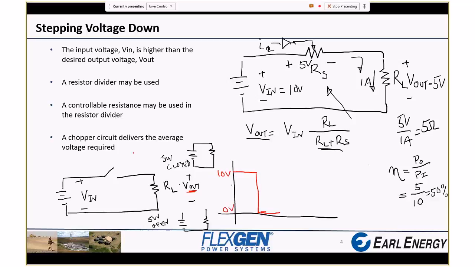And this is the essence of a chopper. You just turn the switch on and off, pulsing the load between 10 and 0 volts. If you take the average of this waveform, you're going to get some value that is in between 0 and 10 volts. And how far between depends on the on time of the switch and the off time of the switch.